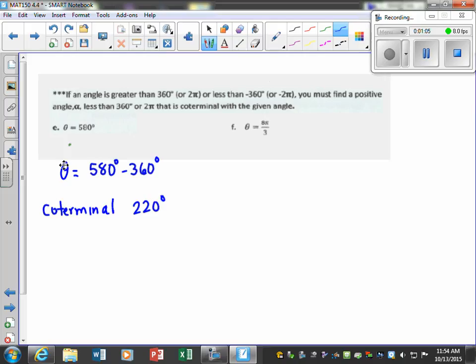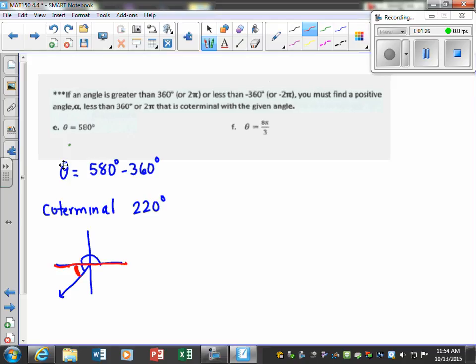Now let's find the reference angle to that. So roughly 220 is going to be over here in the third quadrant. I want to know the reference angle, which takes me back to the x-axis.